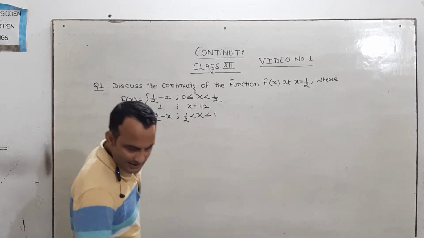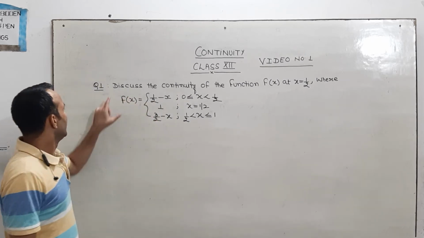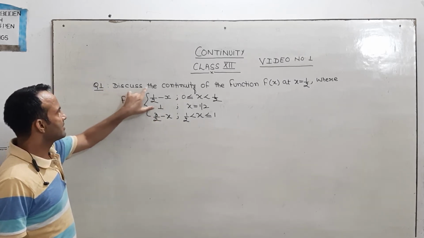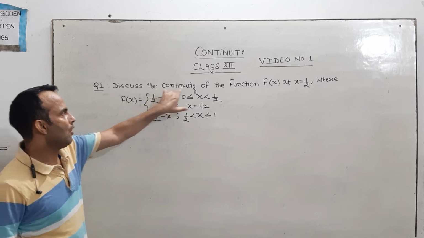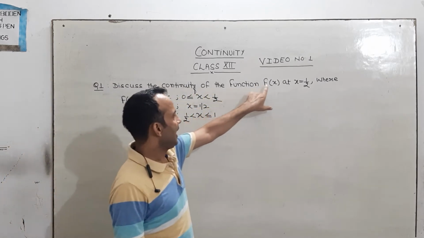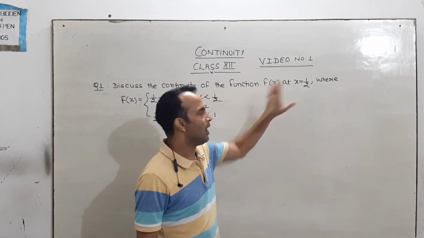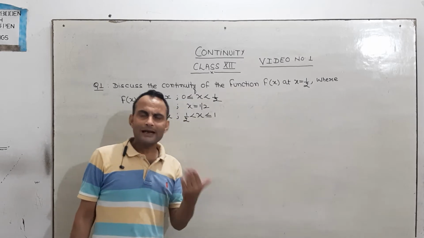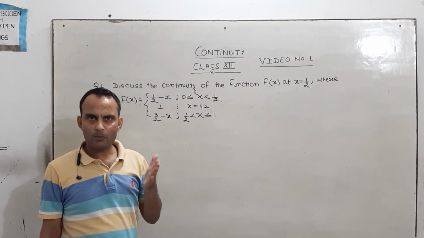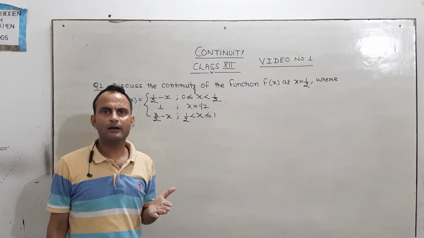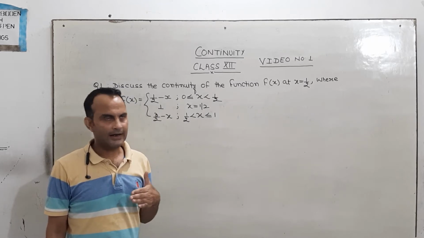So now dear students, see question number first. Here it is given: discuss the continuity of the function f(x) at x equal to half. You know that in such types of problems we have to find the left hand limit and the right hand limit.